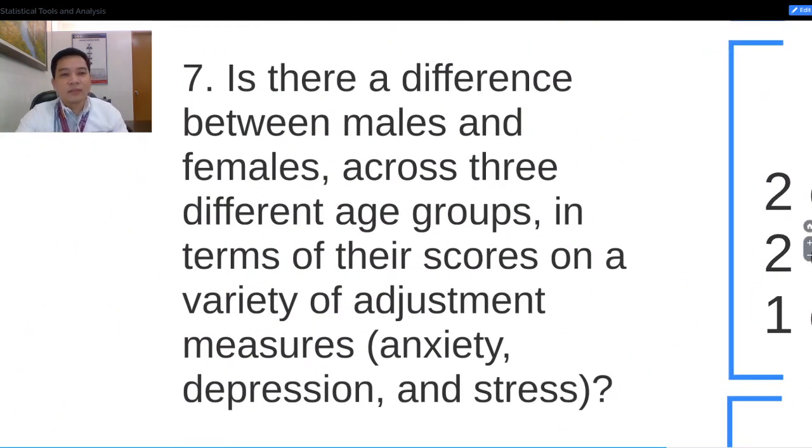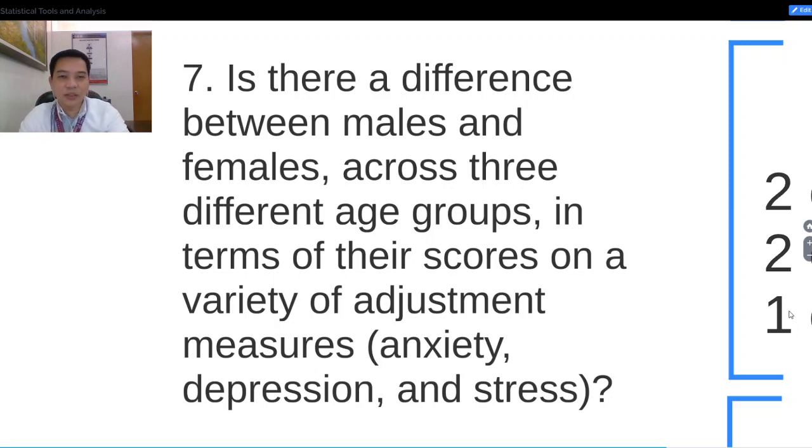Now, what if you have several groups, several times, and at the same time several tests? That is the moment that your variables are already complex and multitudinous. Several groups, several times, several tests.